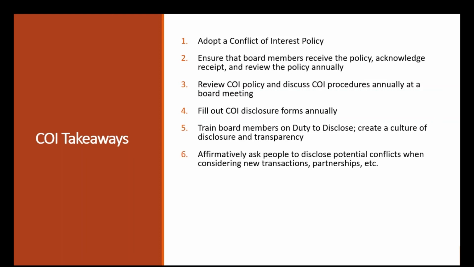Okay, number 6, ask people to disclose potential conflicts when considering new transactions. So this is kind of a practical point. If we're at a board meeting and we're talking about a potential partnership or vendor or contractor or something else, the person running the meeting or the person running that segment should ask, okay, now let's take a minute.